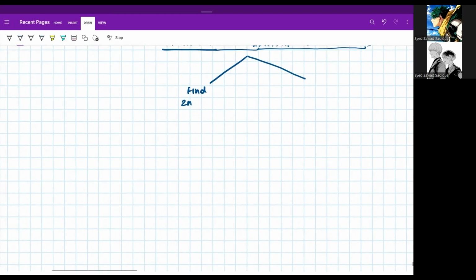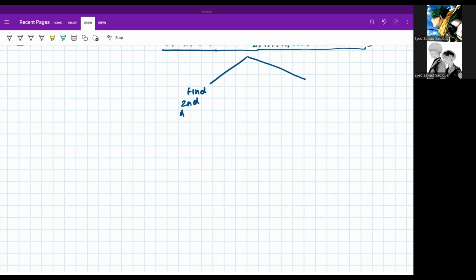So what you can do, you can find the second derivative, which is d square y dx square, or graphical representation. Too long.